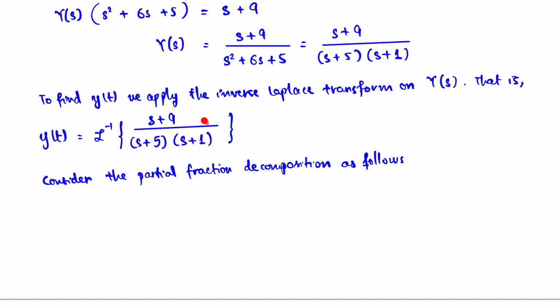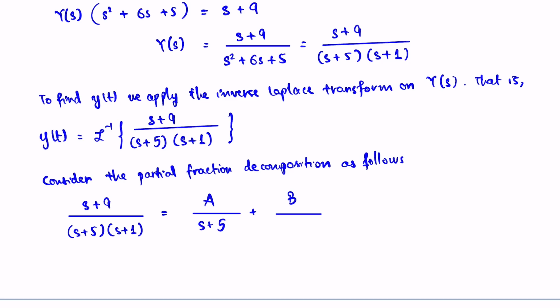So you take this function and you separate this into two different fractions. You have s plus 9 over s plus 5 times s plus 1 equal to capital A over s plus 5 plus capital B over s plus 1. Because the factors in the denominators are linear factors, that is why you separate this in this form.